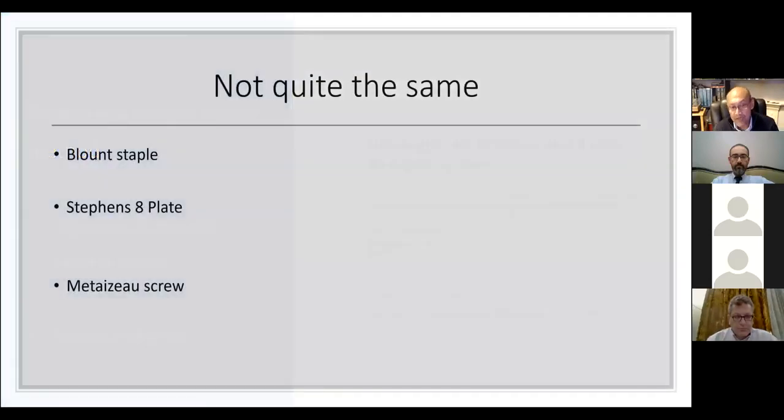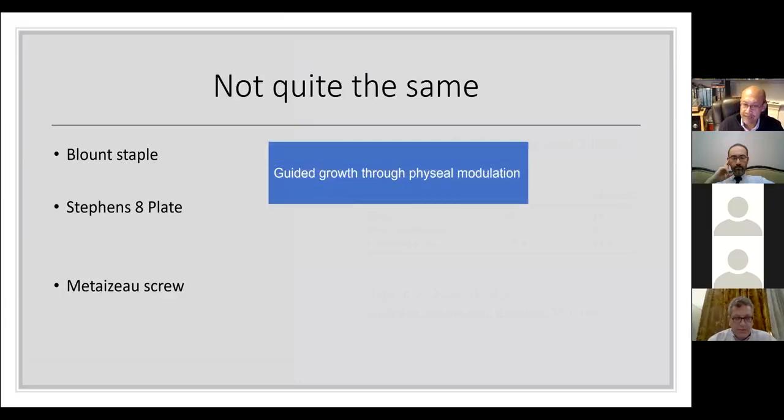And it's also worth remembering that the Blount and the 8-plate technique and the Métaizeau screw techniques, although aimed to try to achieve growth modulation, are not doing it the same way. Blount and Stevens are actually trying to achieve physeal modulation.